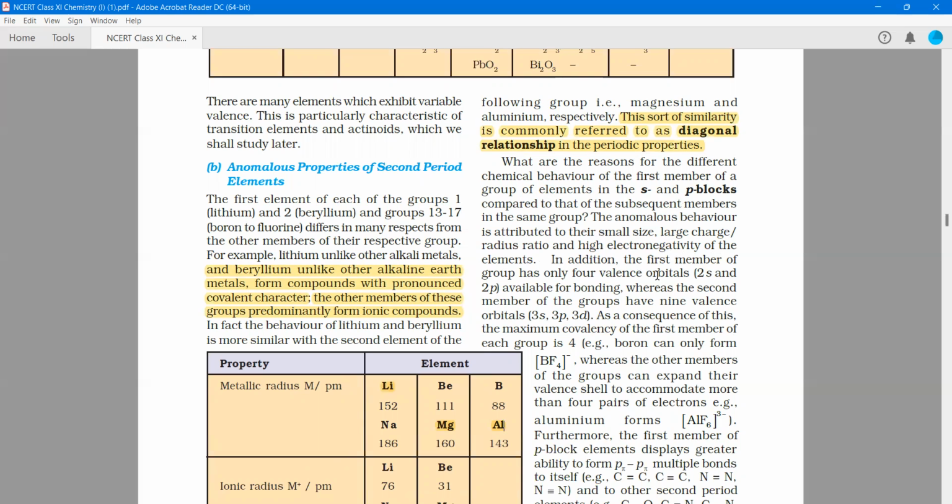In addition, the first member of the group has only 4 valence orbitals, that is 2s and 2p, available for bonding, whereas the second member of the groups has 9 valence orbitals, 3s, 3p, and 3d. As a consequence of this, the maximum covalency of the first member of each group is only 4. Example, boron can only form BF4 negative, whereas the other members of the group can expand their valence shell to accommodate more than 4 pairs of electrons.